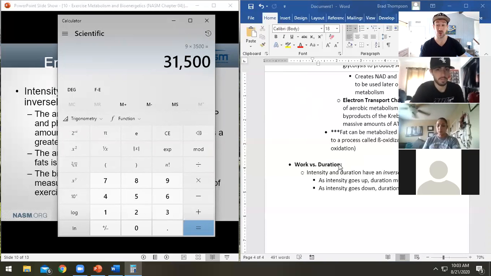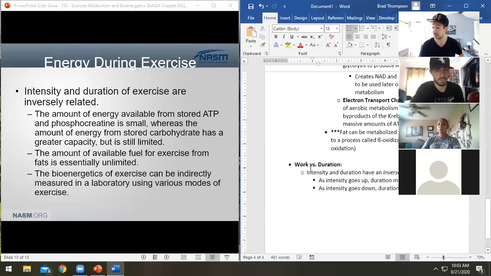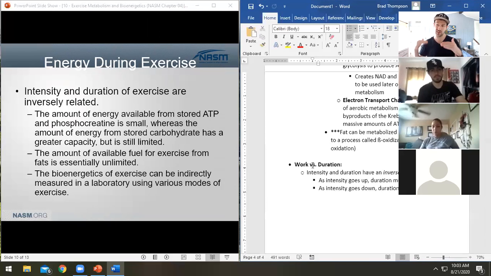And that's only if you are using all of your fat. The amount of fat that you have is essentially unlimited because carbs are there to play an underlying support role. And even if you run out of all your carbs, like say you burn all your glycogen off and you've got no sugar in your blood or anything, and you switch strictly to fat burning, 31,000.